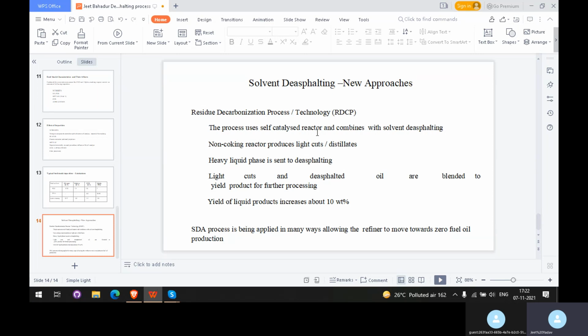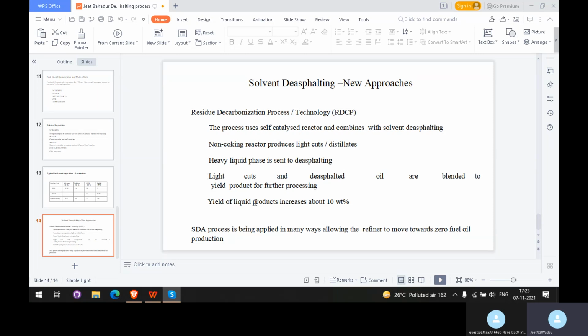Basically, it acts as a catalyst and mixes with the solvent de-asphalting. Further, the non-coking reactor produces light cuts and distillates in the oil, and the heavy liquid phase is sent to de-asphalting. Light cuts and de-asphalted oil are blended as products for further processing. So these are the processing approaches.